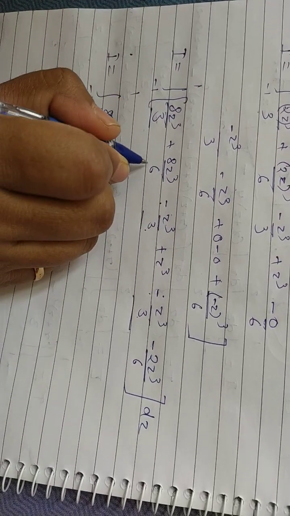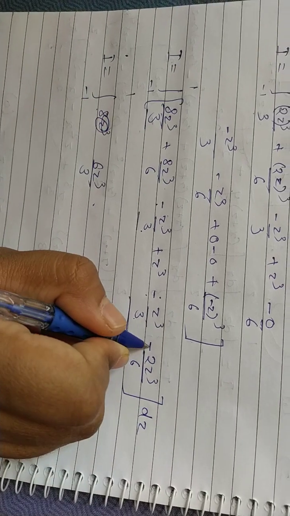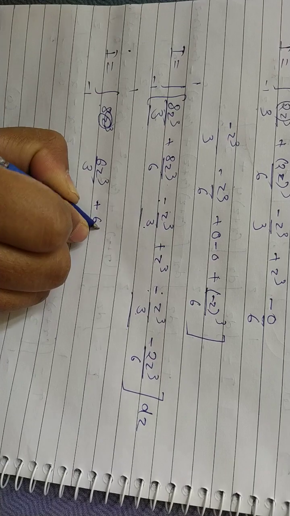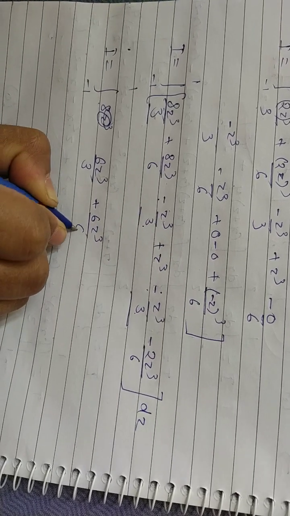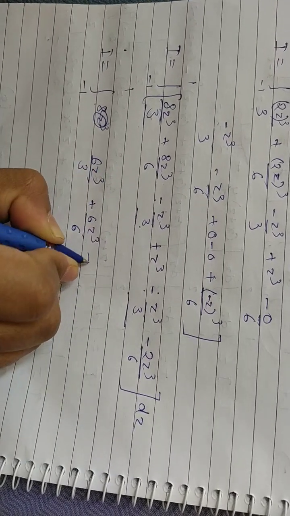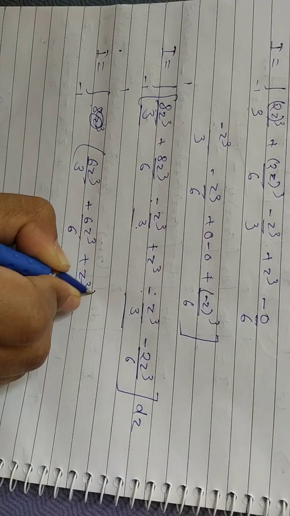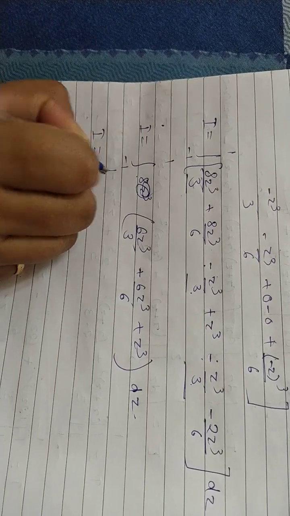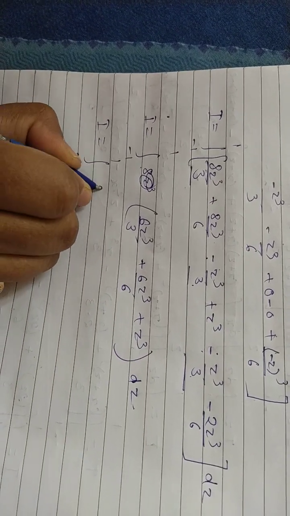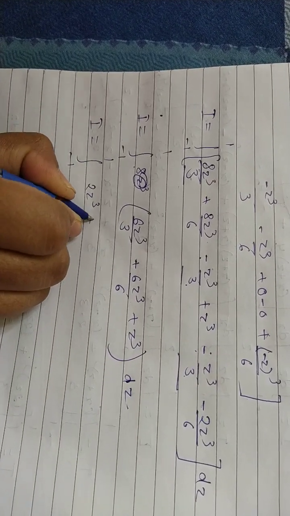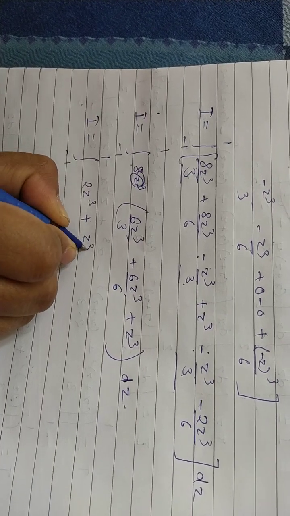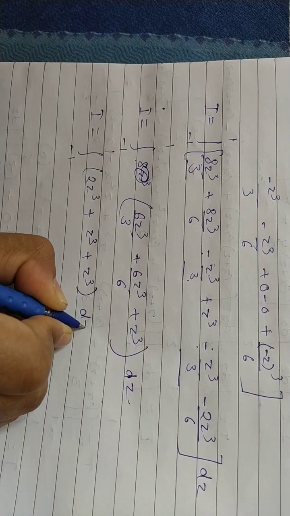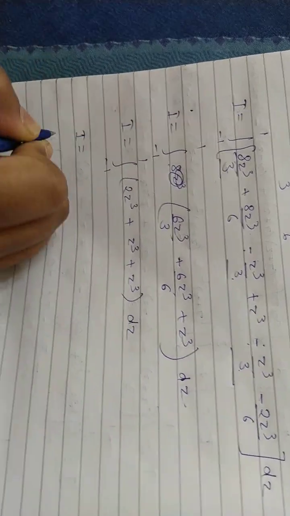Next here 8z cube upon 6 minus 2z cube upon 6, that is 6z cube upon 6, and this z cube as it is, dz. Now this is integral from -1 to 1, this is 2z cube plus z cube plus z cube dz.